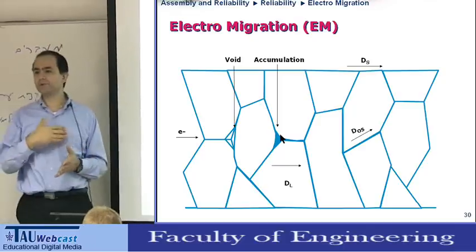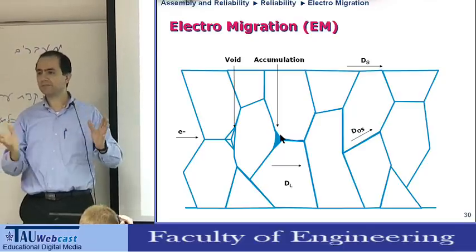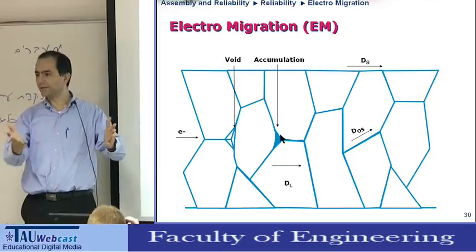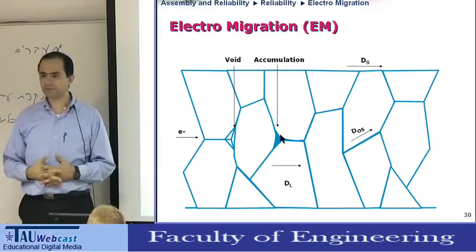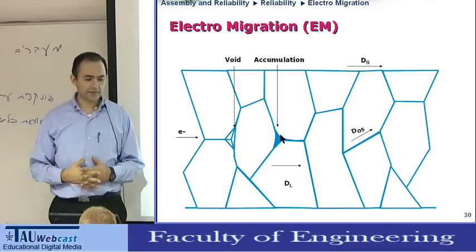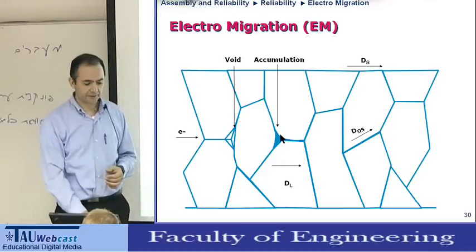And even if there's no aluminum or there's no copper, it allows the current to flow on the sides and it will not fuse. Okay? So these are the most usual ways to tackle electromigration.